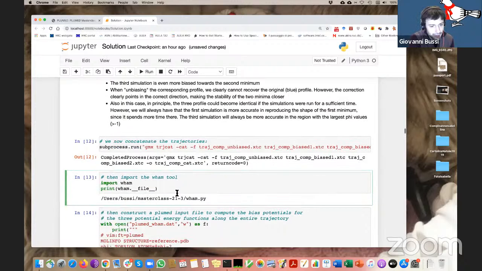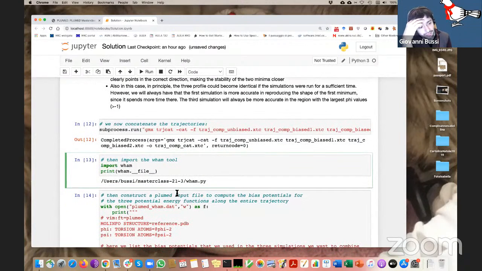And now I'm importing this WAM tool. So before, someone said you had troubles doing this. How many of you had troubles loading the WAM tool? So I see hands raised, but maybe they were raised since before. Okay, so I assume most of you managed to load it. Okay, great.